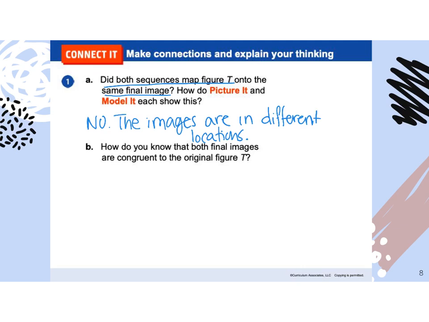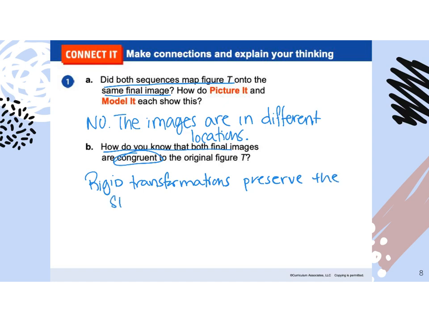How do you know that both final images are congruent? Because rigid transformations preserve the size and shape.